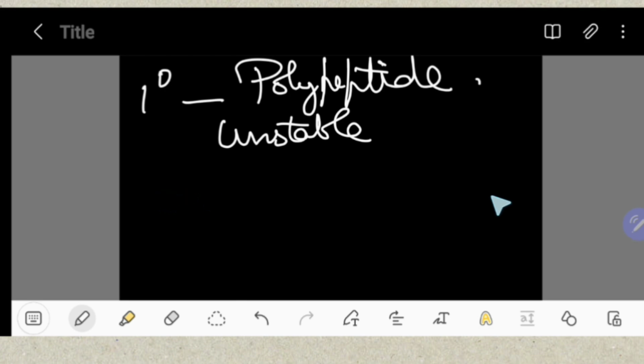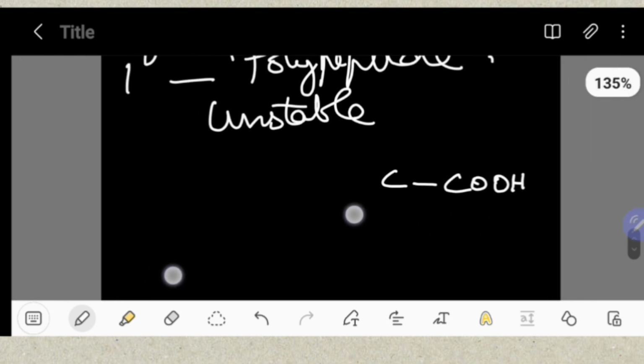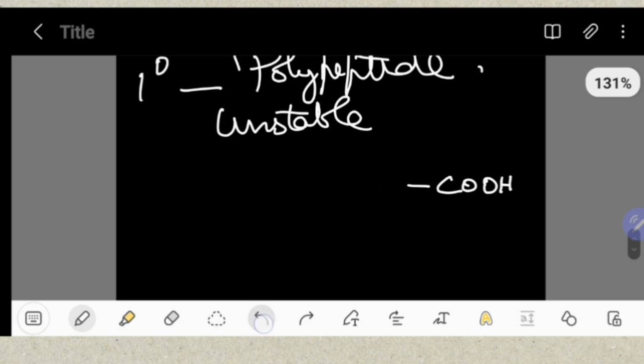The first amino acid provides what? COOH. It is a heteropolymer, isn't it? So different types of amino acids can be seen. This is your first amino acid.